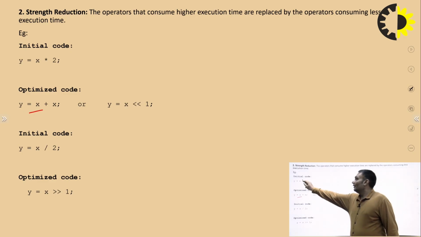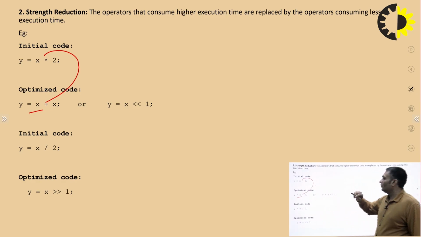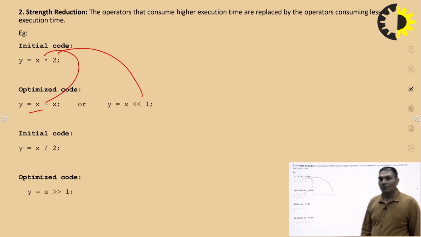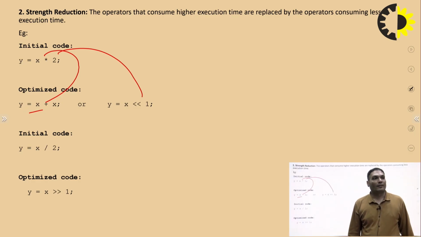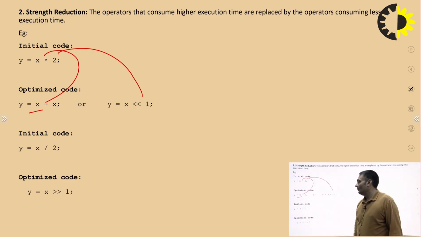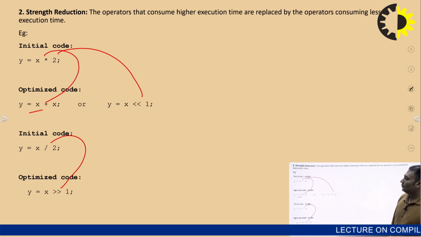So here the star is replaced with the plus operator or with the shift operator. The shift operator always takes less time and is more optimized than using multiplication. Similarly, the division operator is replaced by a shift operator. This is called strength reduction.